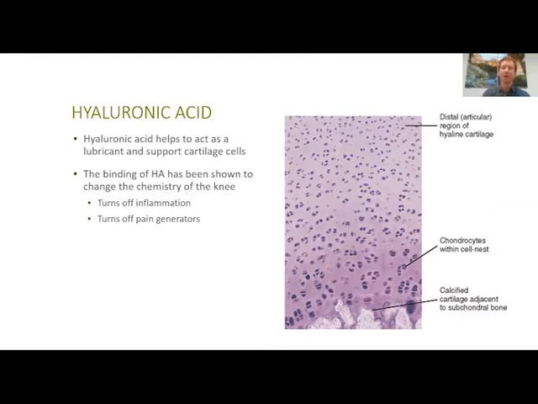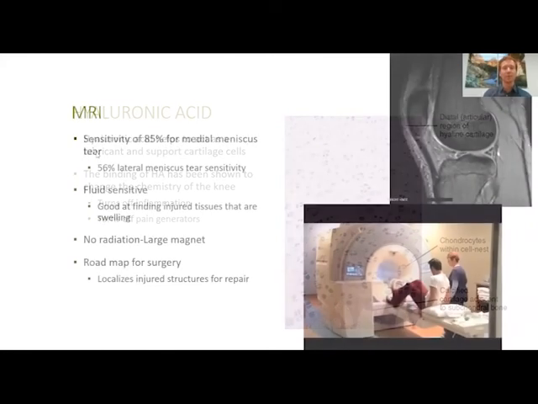They help to decrease the inflammation in the knee and support the cartilage cells. It turns off inflammation and pain generators and changes the environment of the knee. It can be very helpful to relieve pain over the course of, say, 6 months usually. So that is also a good option.